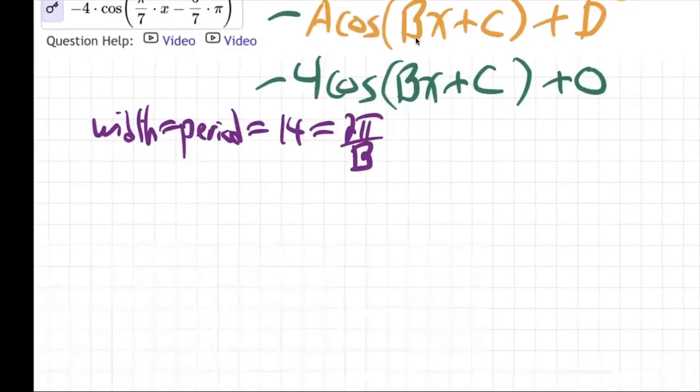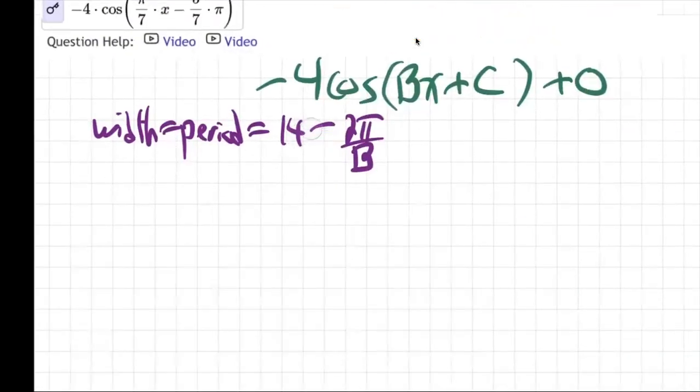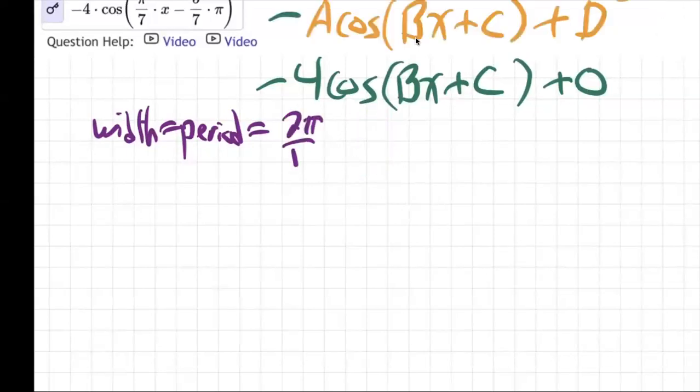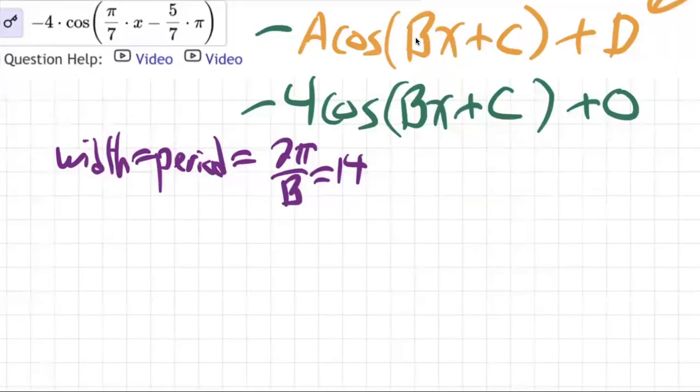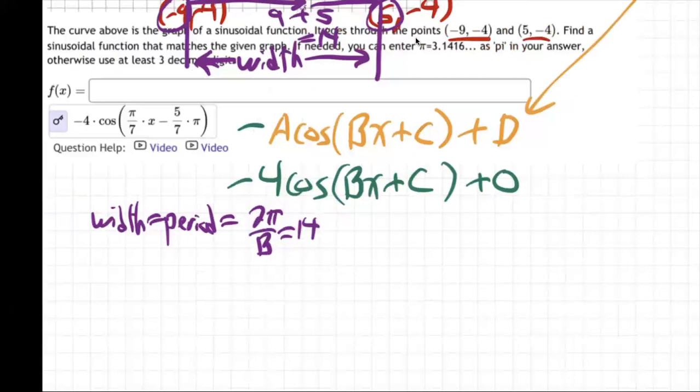If it bugs you, I'll switch it around. So 2 pi over B equals 14. So now we solve that equation for B. How do we solve that equation for B? Well, you know how to handle fractions. You multiply by B over 1 on that side, or you could just call it B on that side.